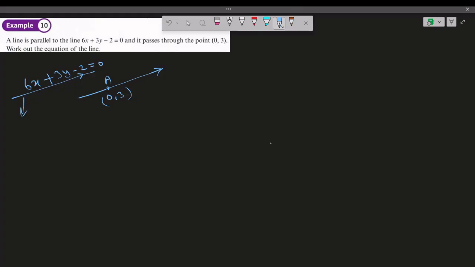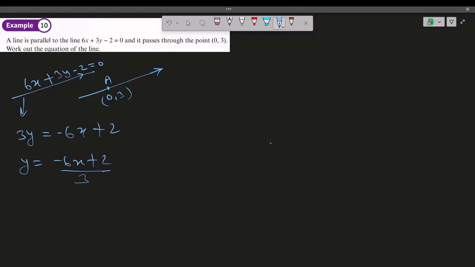We can find it like this. Can I write this way directly? 3y equals minus 6x plus 2. So what about y now? 3 is in product, so it will go in division. So it will be 6x plus 2, whole upon 3, with a minus sign.